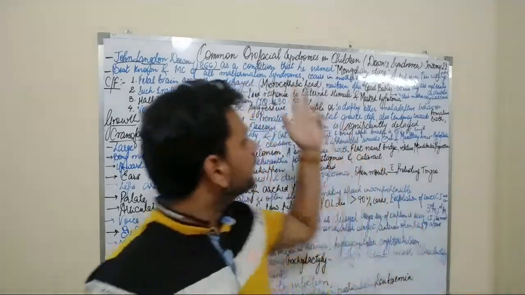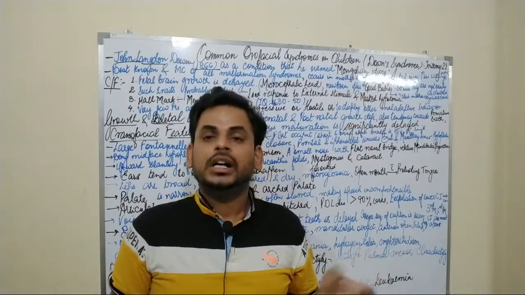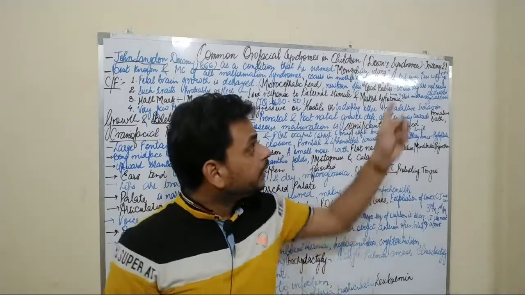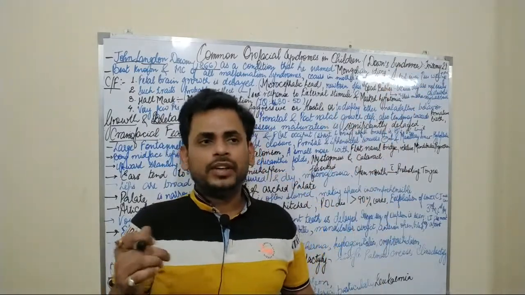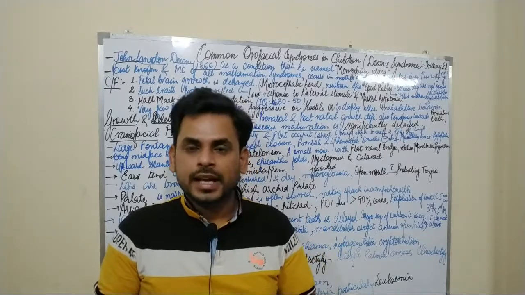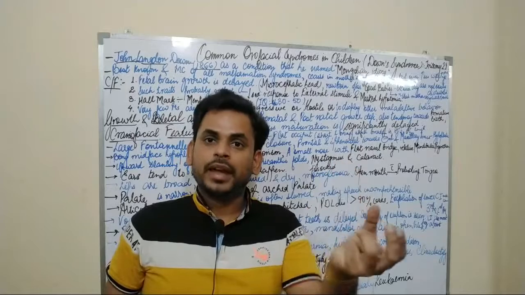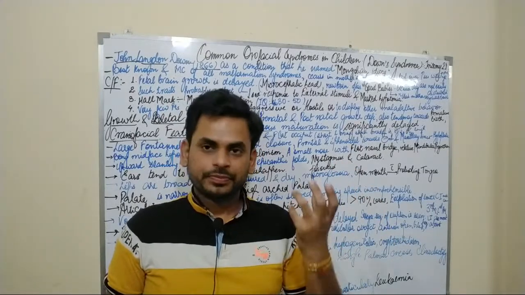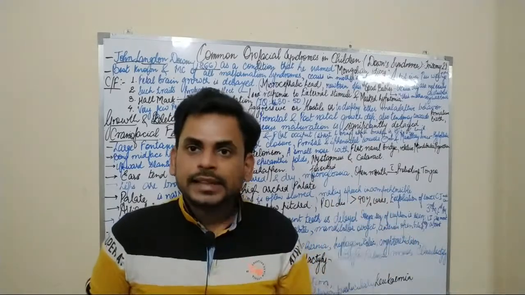Down syndrome is a chromosomal abnormality, seen mostly due to trisomy of chromosome number 21. In humans there are 23 pairs of chromosomes: 22 pairs are autosomes, and one pair is the sex chromosome.